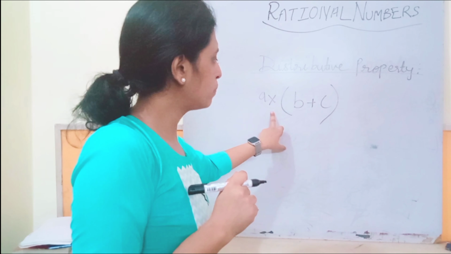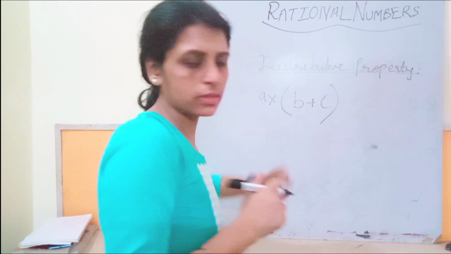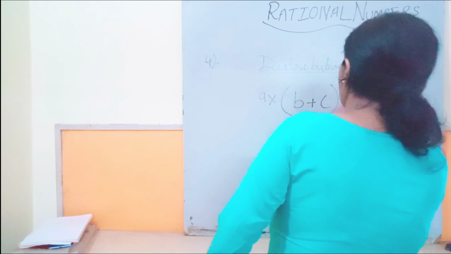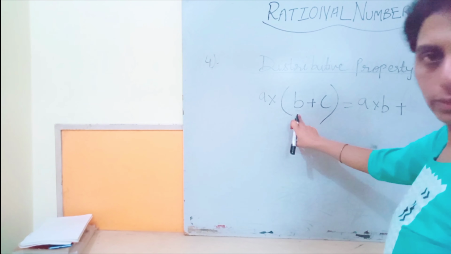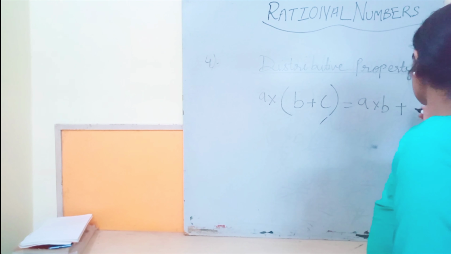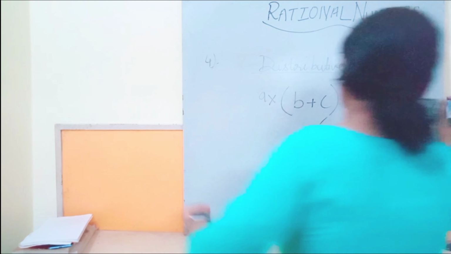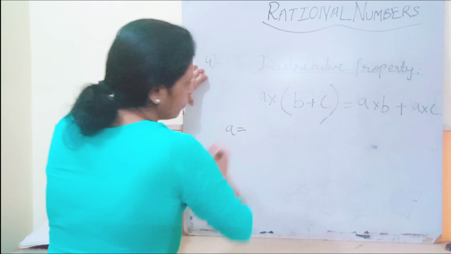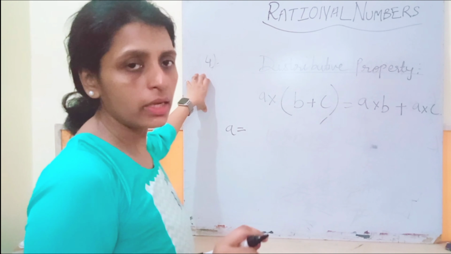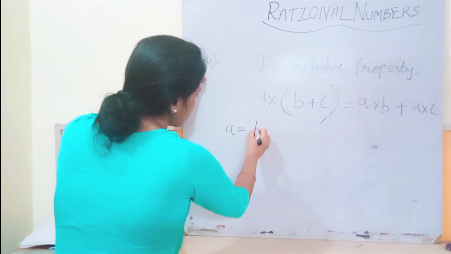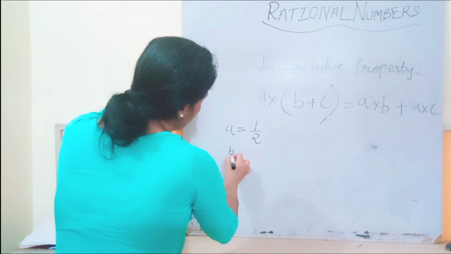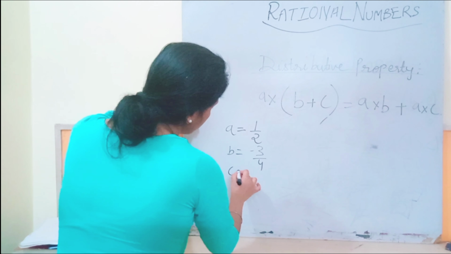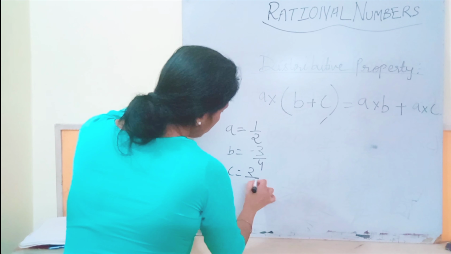A into (B plus C) is equal to A into B plus A into C. That is, A is multiplied with B and then A is multiplied with C. Now we have, for example, A as 1 by 2, B as minus 3 by 4 and C is equal to 2 upon 5.